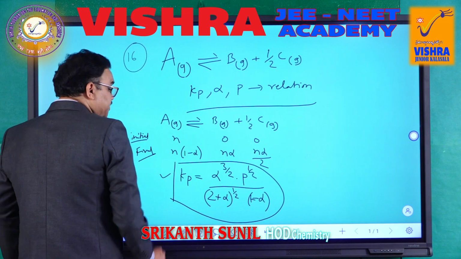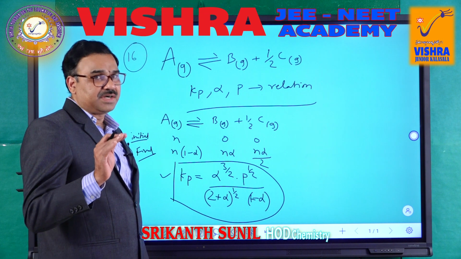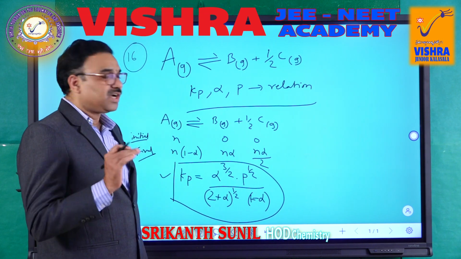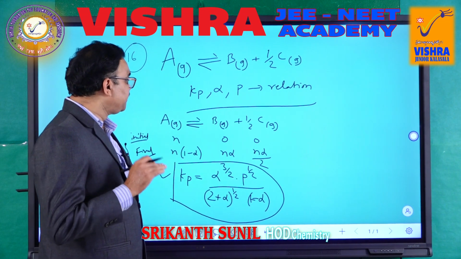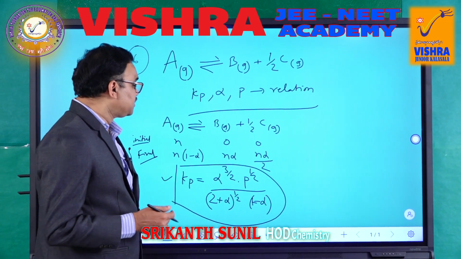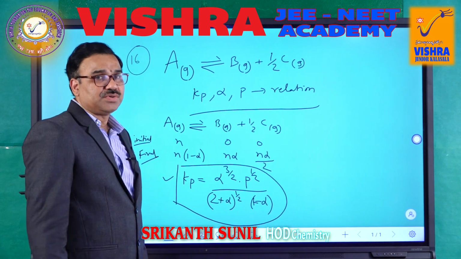So this expression you have to select from the options. Alpha is degree of dissociation, N is total number of moles. The relation is between Kp, total pressure, and also the alpha. This one is the answer, students.